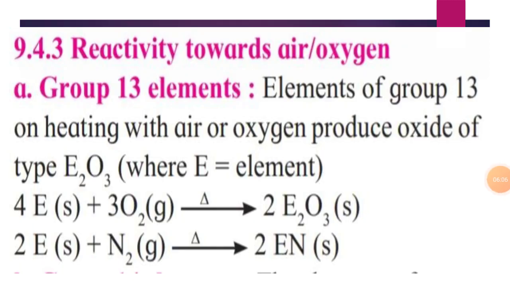A triangle mark suggests that the reaction is being heated. So these elements, when reacted with oxygen on applying heat, get converted into their oxide in the form of E2O3.